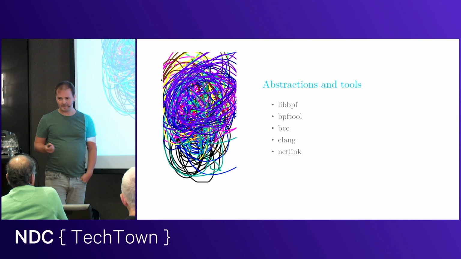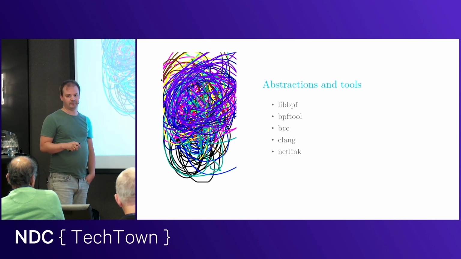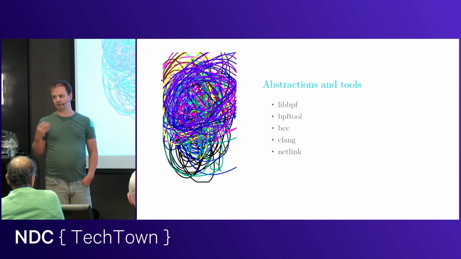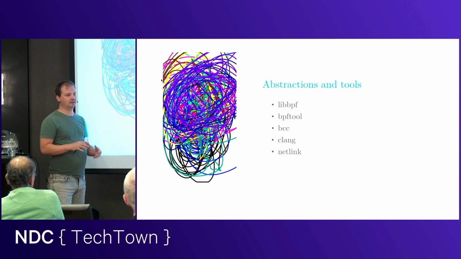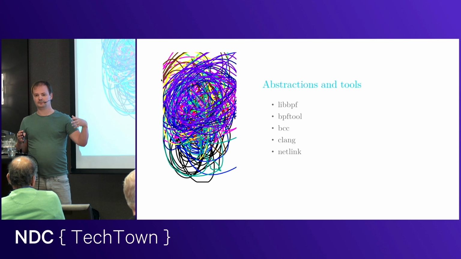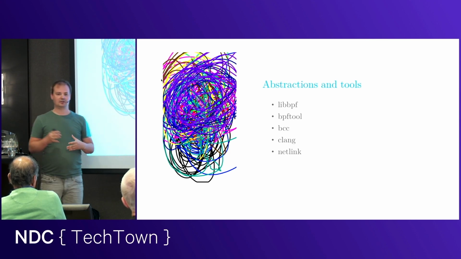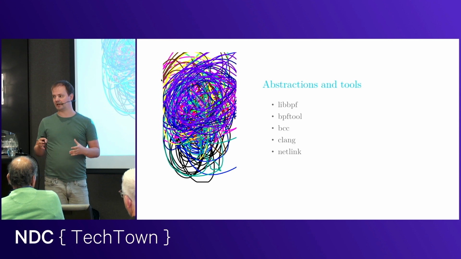BPF tool is a tool for both inspecting and manipulating eBPF programs, and it'll also help out by making a skeleton, for instance, which is very easy to use from your userspace program to get access to the maps and to create and load the programs.